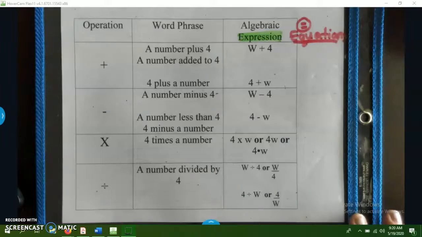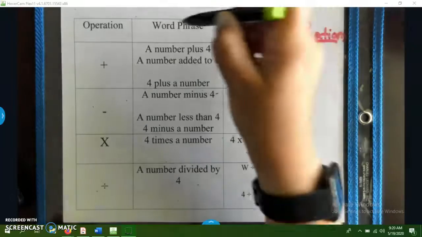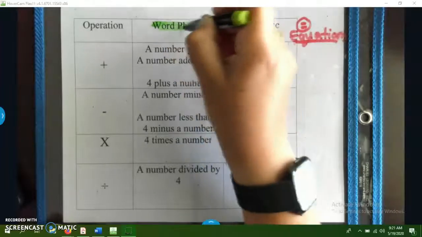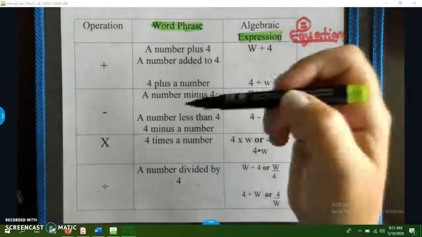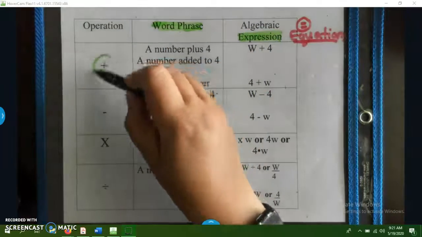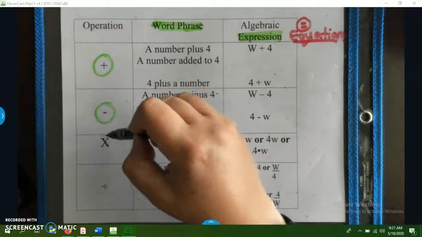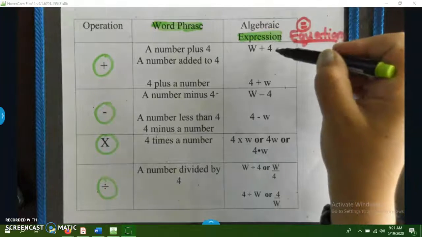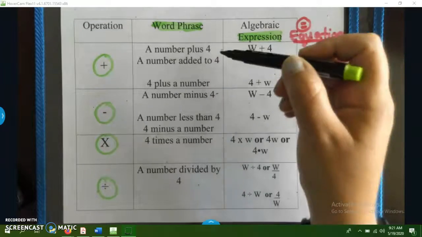So what you'll see here is that we have a phrase written in word form. And what they've done is given us an example for addition, subtraction, multiplication, and division. So one way to write an algebraic expression is to just look at the algebraic expression and write exactly what it says.